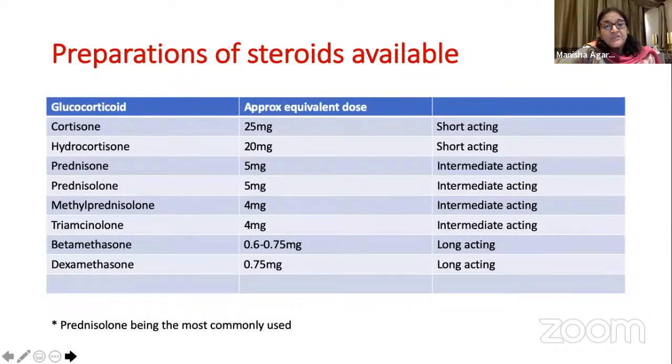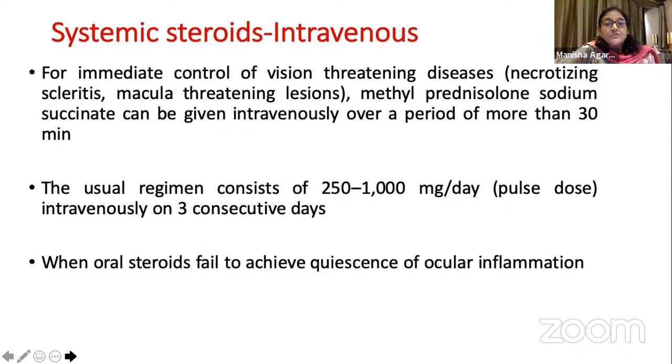There are various preparations of steroids which are available. However, the most common which is used is prednisolone in the dosage of 5 milligrams, and it is said to be intermediate acting. We do have forms of corticosteroids which may be short acting or long acting. For immediate control of vision-threatening diseases such as necrotizing scleritis, macular-threatening lesions, intravenous methylprednisolone sodium succinate can be used over a period of more than 30 minutes.